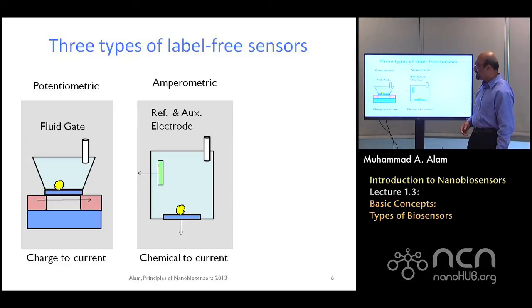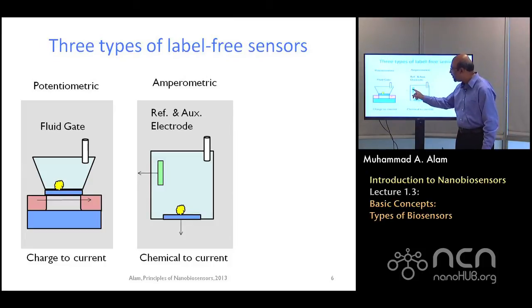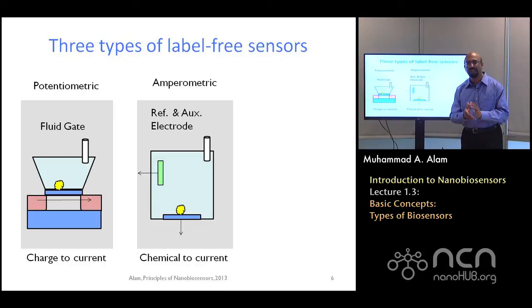The second type of sensors that we'll be discussing in this course are called amperometric sensors. And the idea is that you have two electrodes, once again, in a fluid, and generally the current that flows from this electrode to the other one is relatively small, because at a given condition, the current flow here is not significant, and the barrier to current flow is very high.